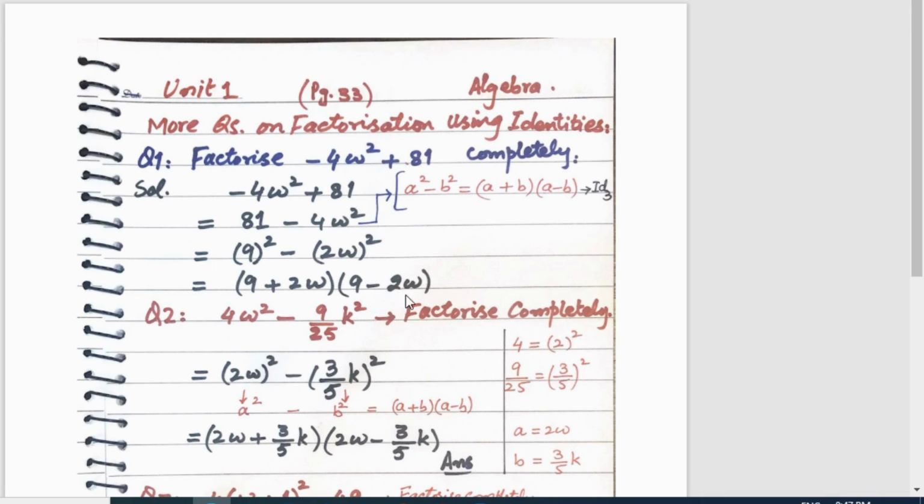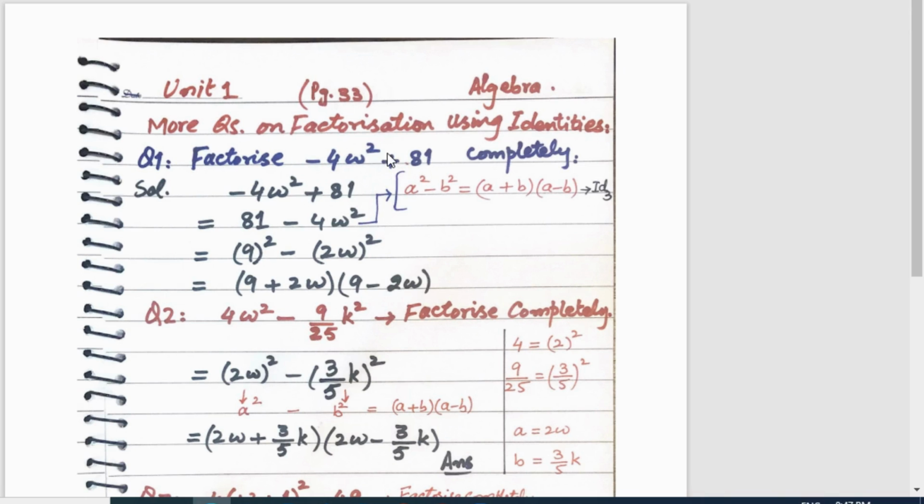Now come to question number 1. Factorize minus 4w square plus 81. Now we have a plus sign and these numbers, which are not giving us a very good picture of any identity, but if we take just a small step, then the picture will be very clear.